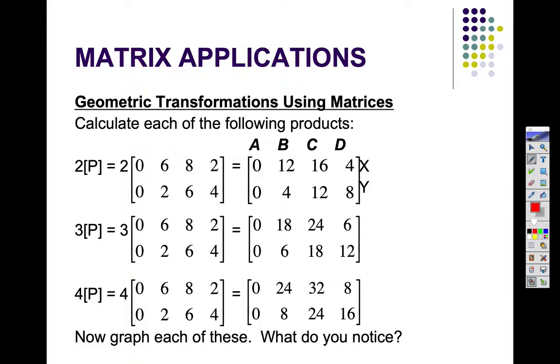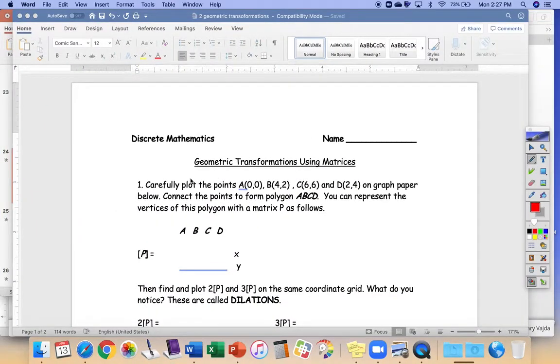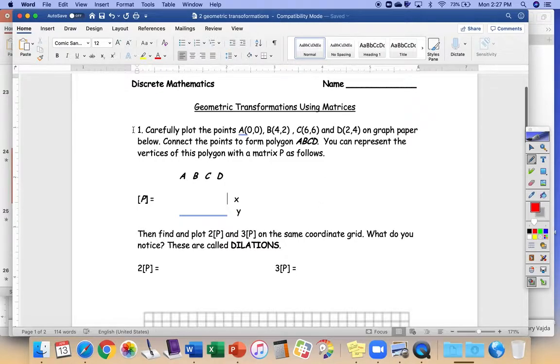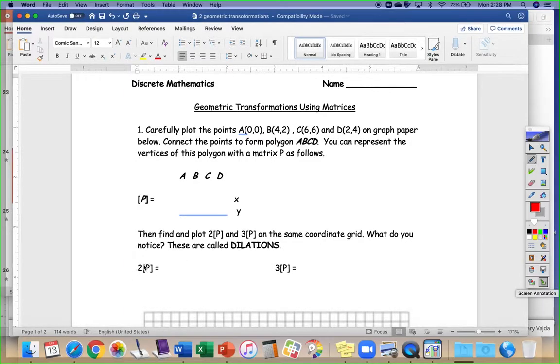So I'm going to stop the lecture real quick. I'm going to show you what you are doing on page 16 today. On page 16, you can see it has a very similar figure. What you are going to do on page 16 is take this figure and dilate it just like the slide showed with 2 and 3. So the first thing you're going to want to do is make a matrix out of the points.